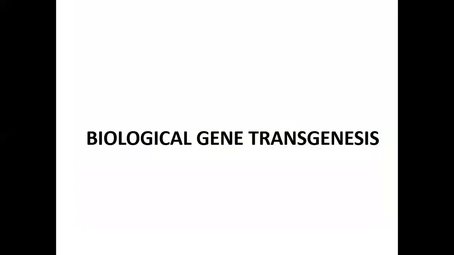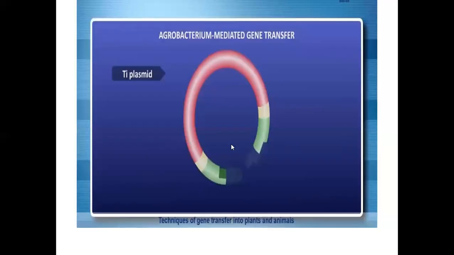And the next one is biological gene transfer techniques, called biological gene transgenesis. In this method, the tDNAs are inserted into the target cell with the help of living microorganisms like Agrobacterium.